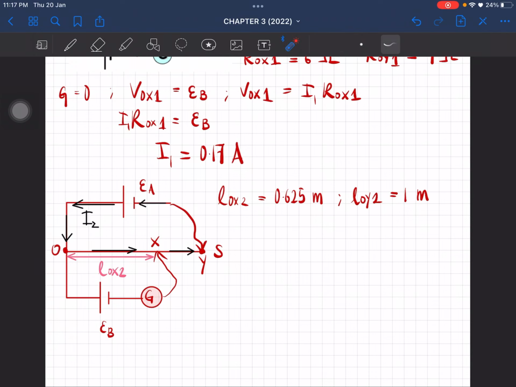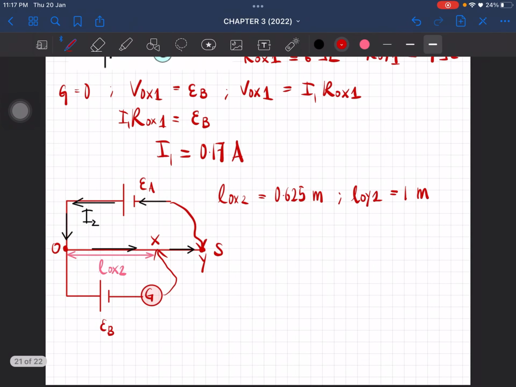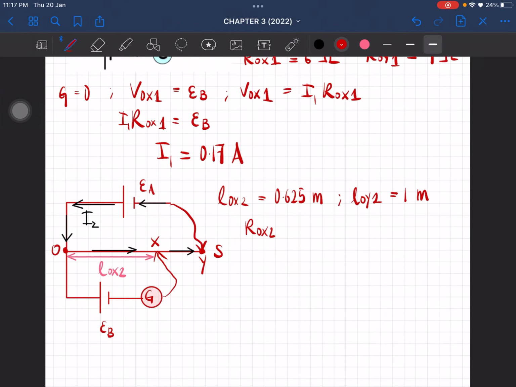So we are looking for the resistance for wire O until X. Okay, so ROX over the whole wire punya resistance is equal to the length OX and then the length of the whole wire.